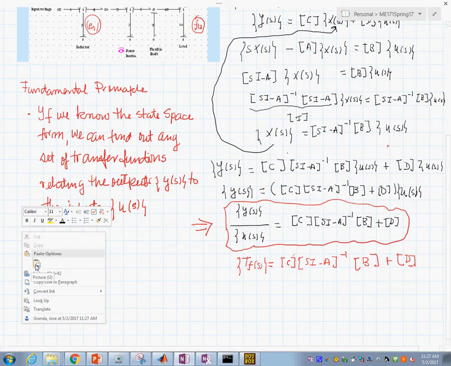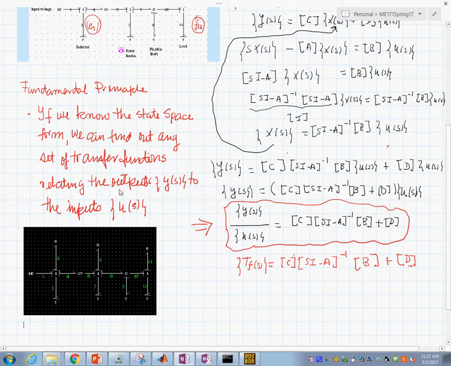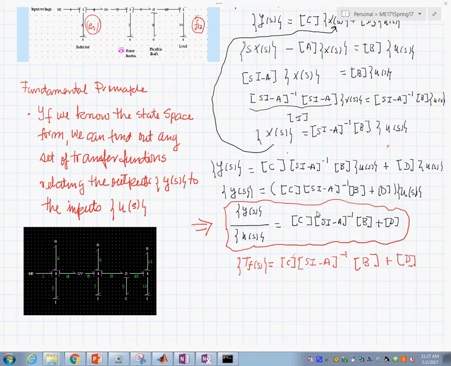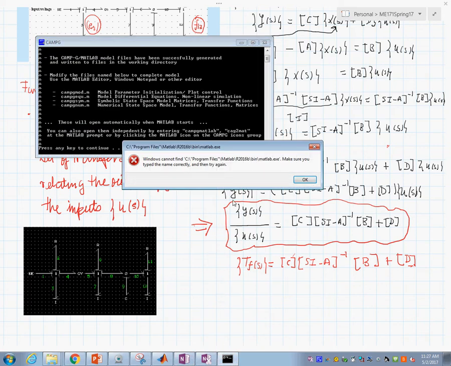So we have defined that F12 and E sub 3 are the outputs. Now I am going to go to the interface of MATLAB and Simulink, and hope that everything works just fine in here.